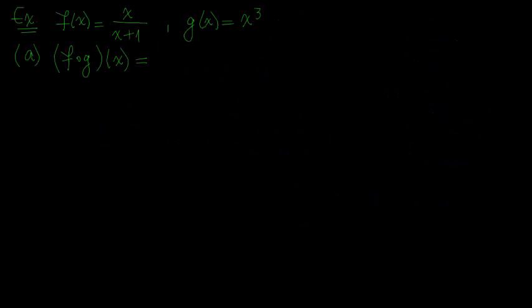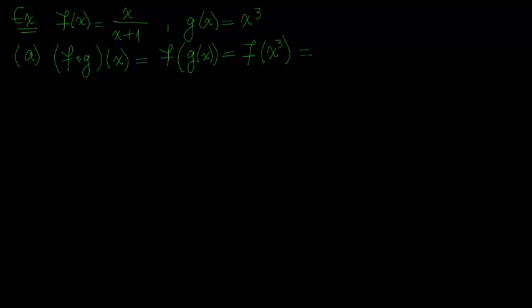So now let's look at a few examples and try to practice a little bit more how to compose two functions. Let's look at the example. F of x is x over x plus 1 and g of x is x cubed. What is f composed with g of x? Well, we follow the same algorithm. This by definition is f of g of x. Now we write down what is g of x, namely x cubed.